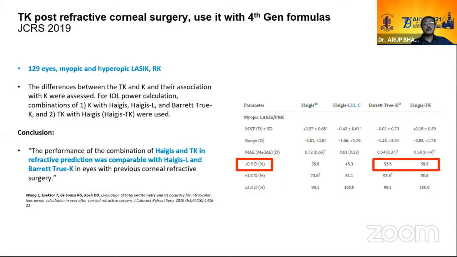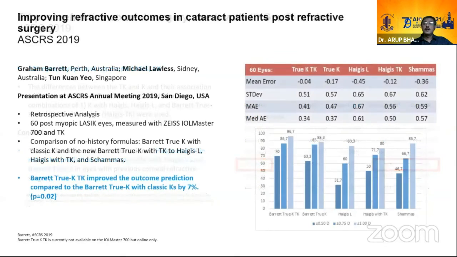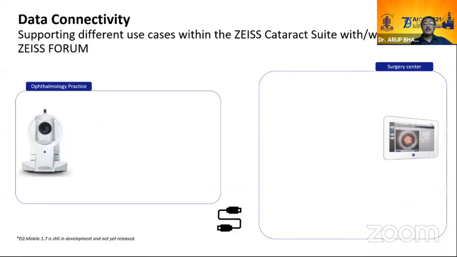I think this is a huge success of this formula. This was published in JCRS 2019. If you consider Barrett 2K TK within plus or minus 1, it is almost 88% to 96%. It's a huge increase in accuracy, including the TK formula in 2K.